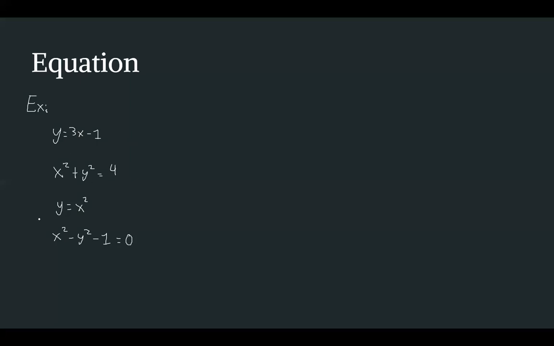So these are the examples of equations that I'm going to discuss in the future. There are more equations that I'm going to include aside from these four equations. But in every equation, there is always a relation, such as this one.